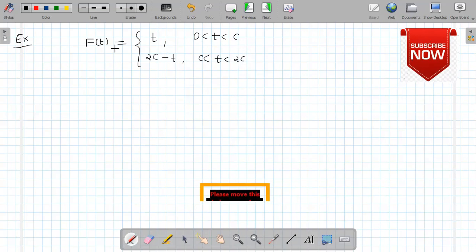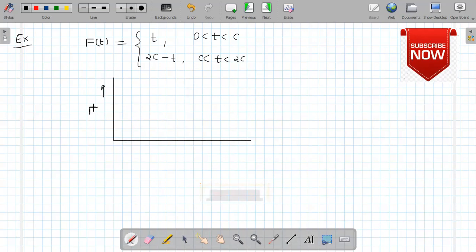So if you draw the graph of this function, you may take here f of t, and here we will take t. This point is 0, this point is say c, and this is say 2c.